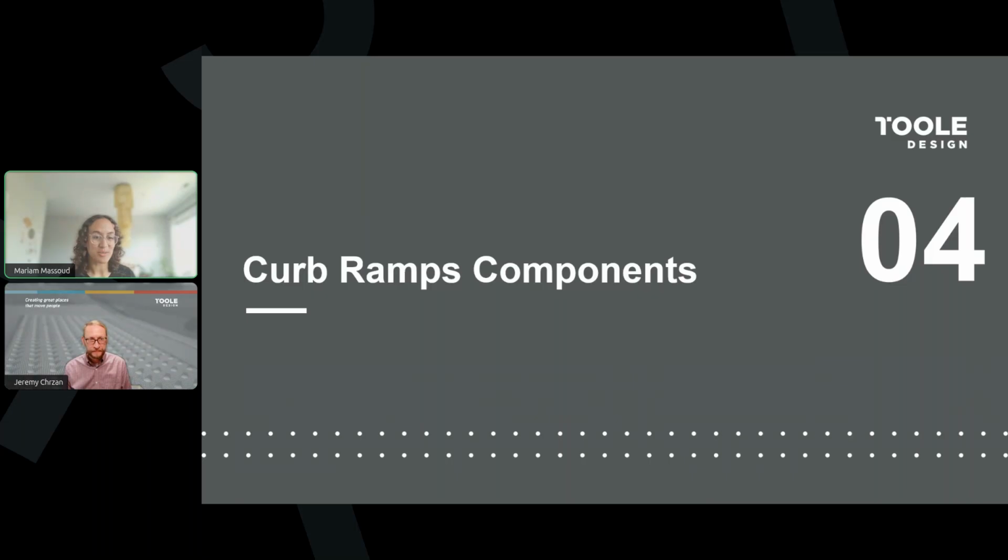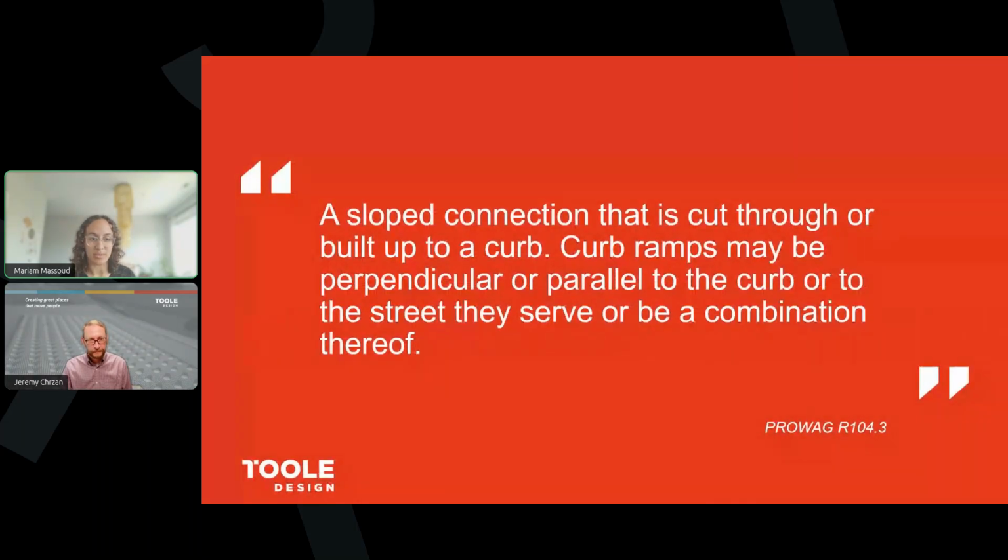Okay, next we'll jump into talking about the parts of a curb ramp. And before we do that, there's a brief definition of curb ramps that's provided by PROWAG. A curb ramp is a sloped connection that's either cut through or built up to a curb. And curb ramps can be perpendicular or parallel to the curb or to the street that they serve, or they can be a combination.